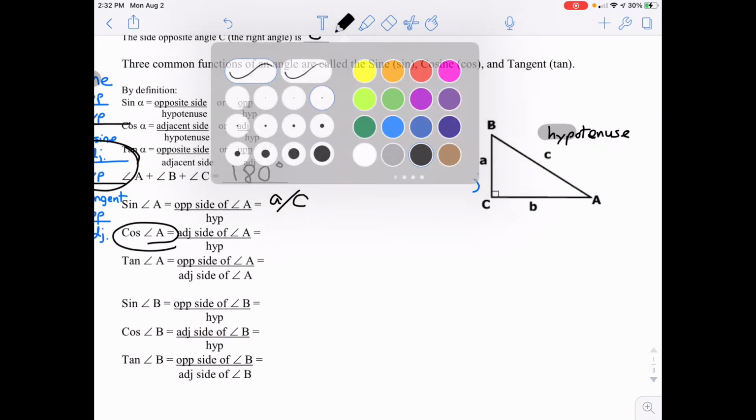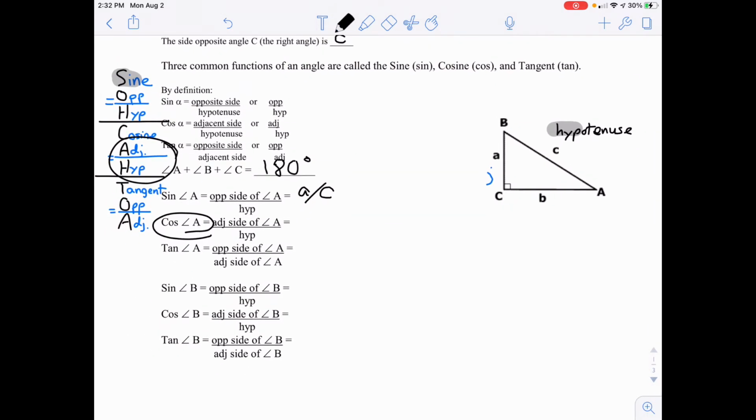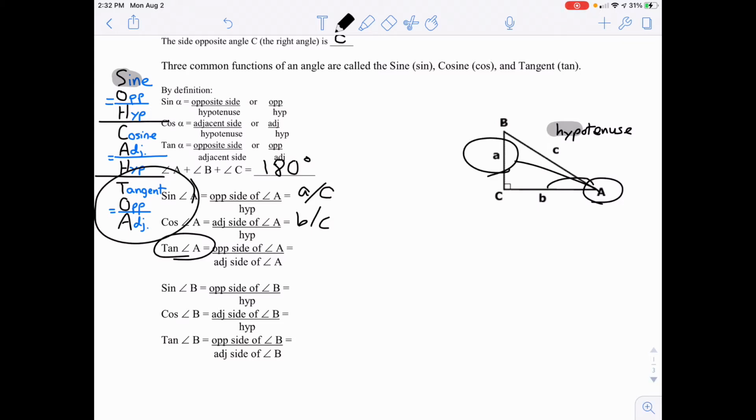So again, the cosine is adjacent over hypotenuse. Adjacent to A is B over little c. Tangent of A is equal to opposite over adjacent. So little a over little b.